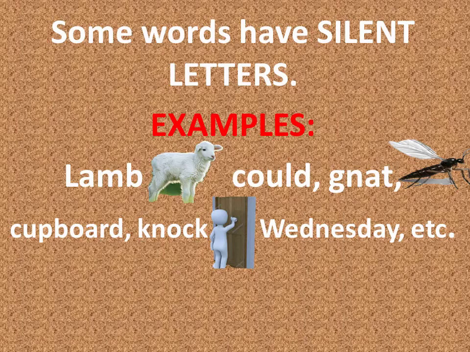We also have it in could, nut, cupboard, knock, Wednesday, and so on. In all of these words, you notice that there are silent letters in them. For example, in knock, we have K at the beginning, which is a silent letter. So it shouldn't sound out.